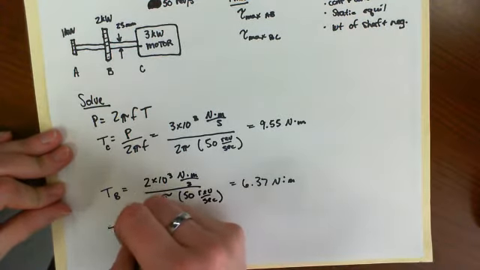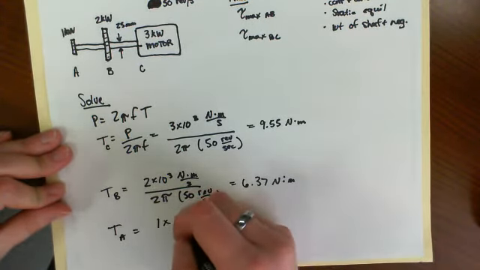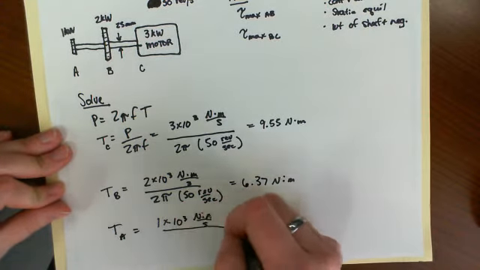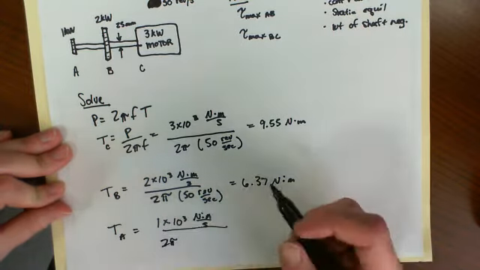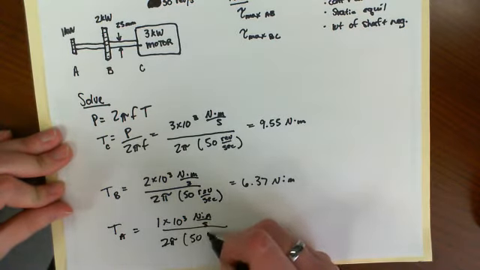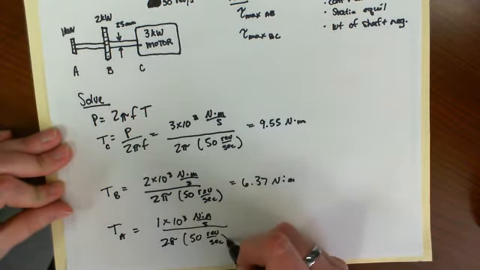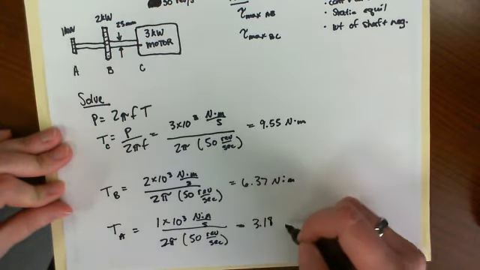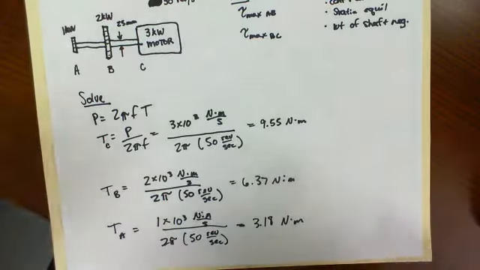And then at A, again, we have 1 times 10 to the third Newton meters per second divided by 2 pi times 50 revolutions per second, which is 3.18 Newton meters.